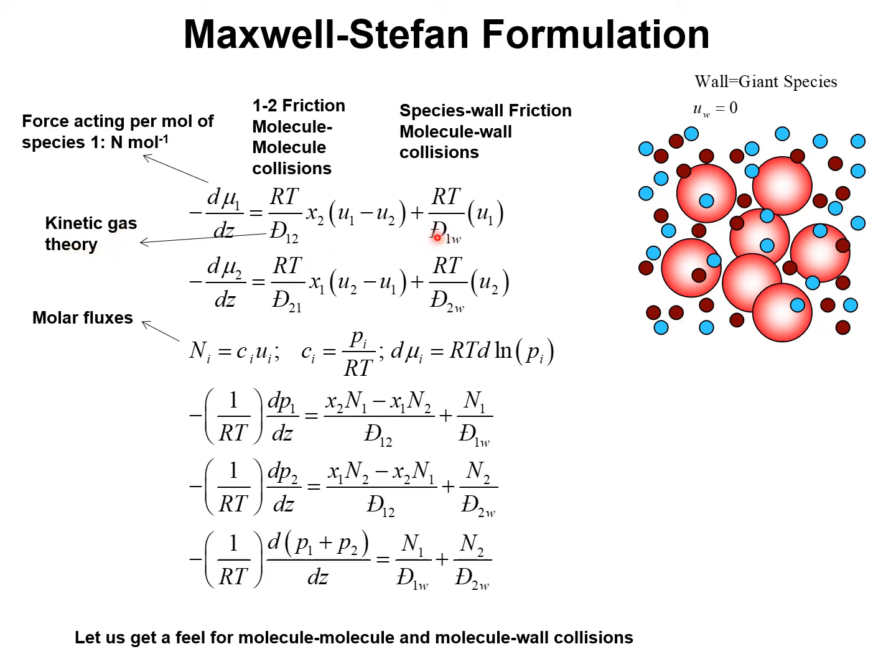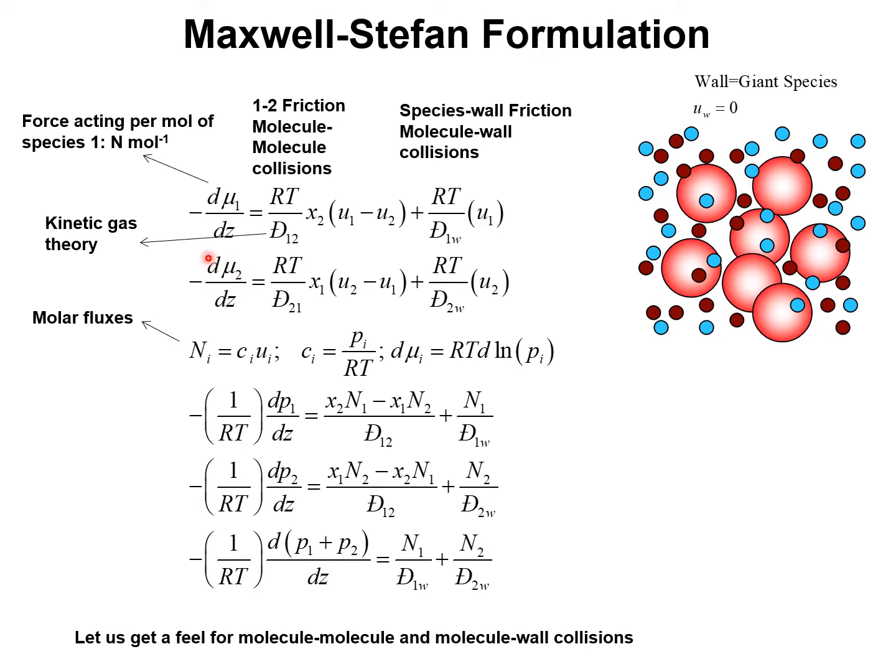The coefficient D1W reflects molecule-wall collisions, and this diffusivity is Knudsen-like in character. Indeed, for a set of conditions that are necessary to abide by, this diffusivity may be identified with the Knudsen diffusivity.